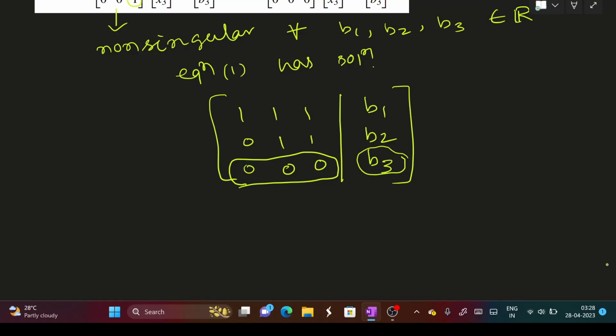It will not allow any solution, because there exists no vector for which 0 into x1 plus 0 into x2 plus 0 into x3 is not equal to 0. So the second system of equation is having solution.